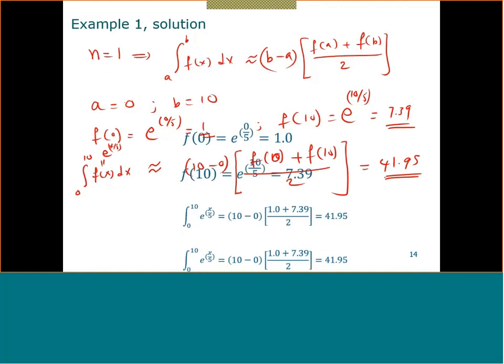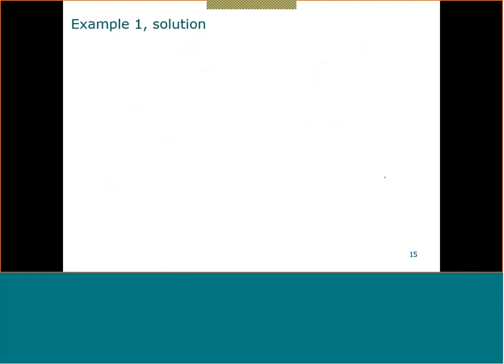Now, let's move on, and now go for n equal to 2. Okay. Now we have to define h, which is the increment width. h is equal to b minus a divided by n. b is 10, a is 0, the limits, over n, which is 2.